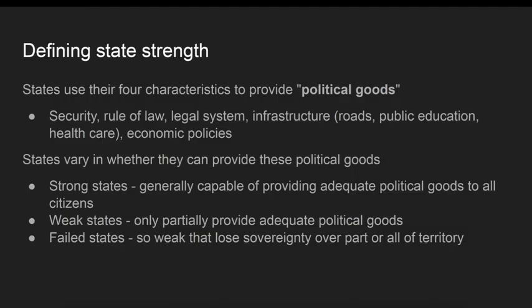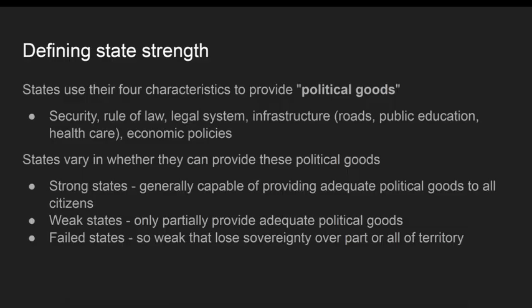All right, so in the previous lecture, I had talked about the fact that modern states have 4 characteristics, and they use these characteristics to provide political goods, which are defined as essentially the things that we expect the modern state to give us, right? So we expect the modern state to provide for security.